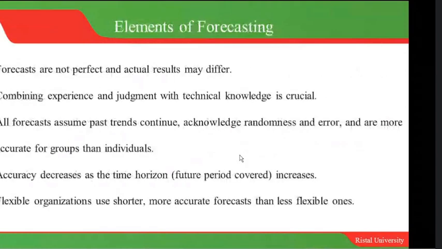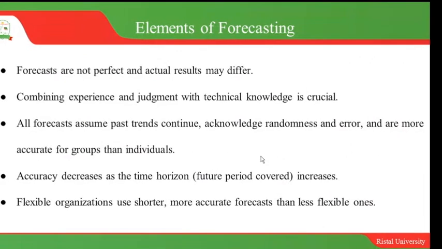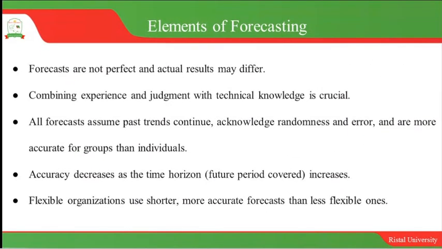Now, we are also going to be talking about elements of forecasting. When you talk about elements, we are simply asking ourselves, what does forecasting involve or entail? Number one, forecasting is going to entail, we are saying we do not have any perfect forecast.